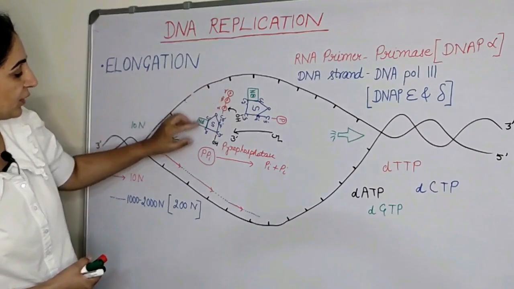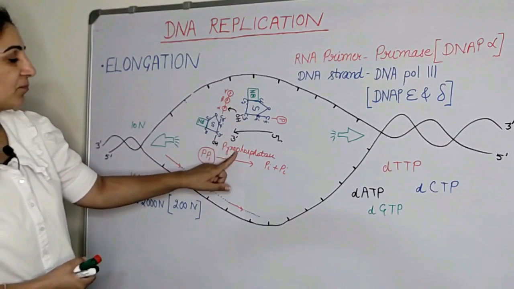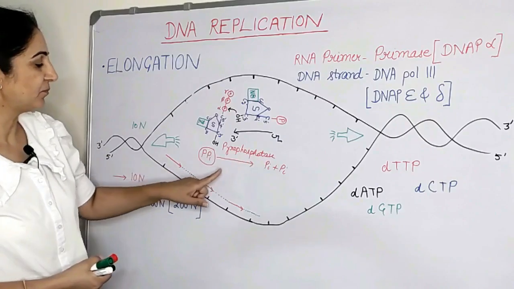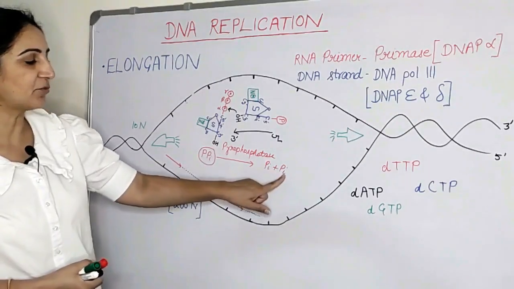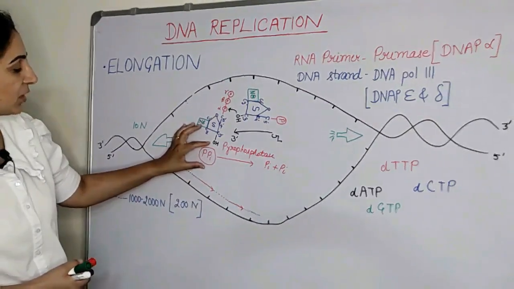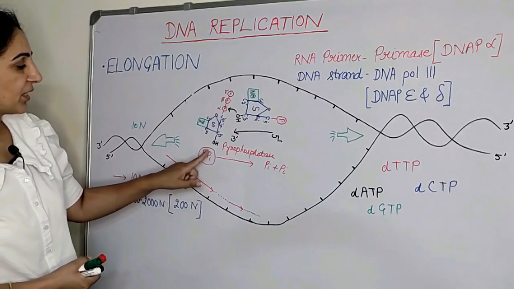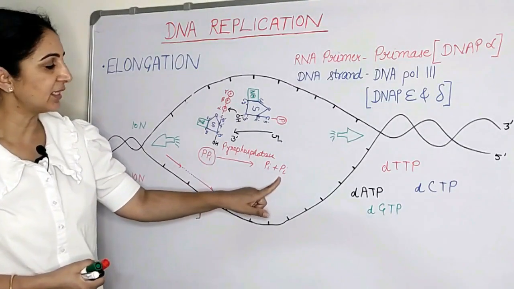This pyrophosphate group is attacked by the pyrophosphatase enzyme, which forms two inorganic phosphates from one molecule of pyrophosphate, and in this process energy is released.